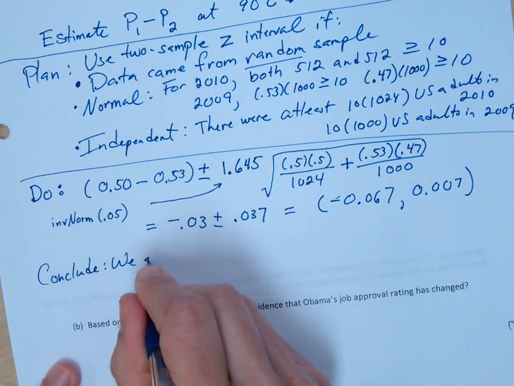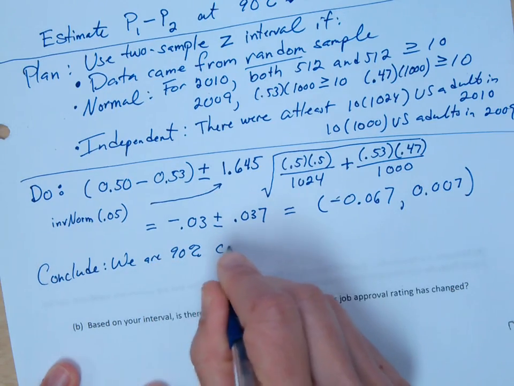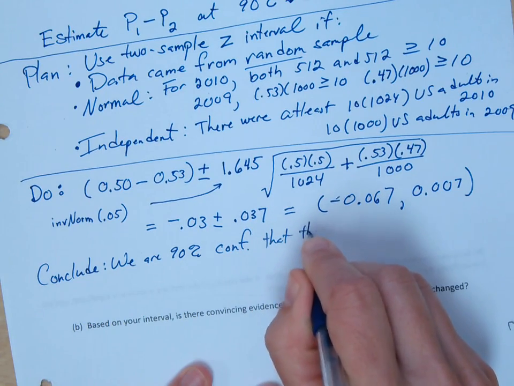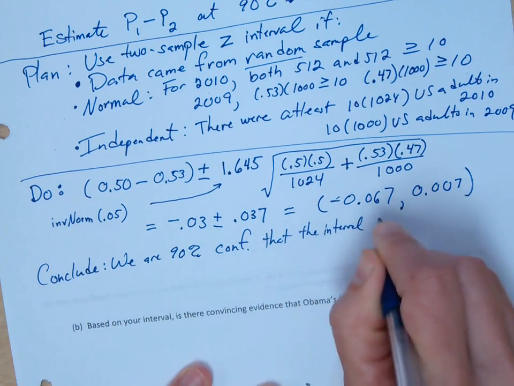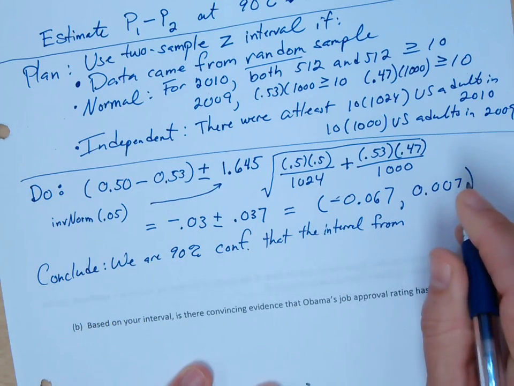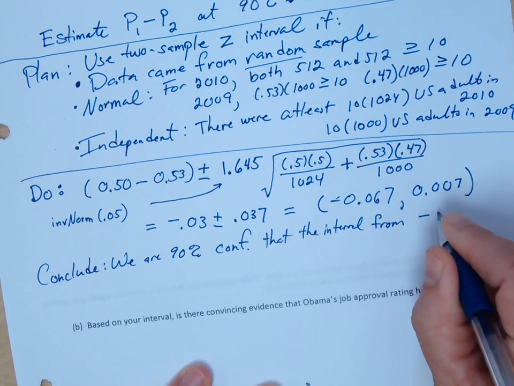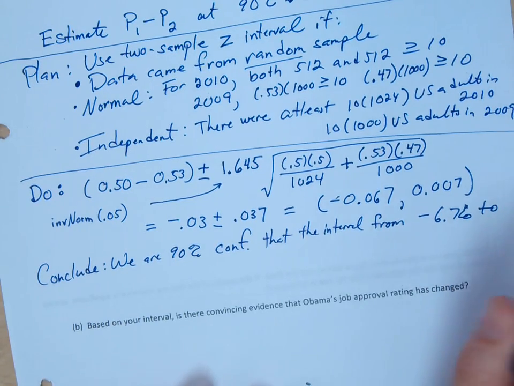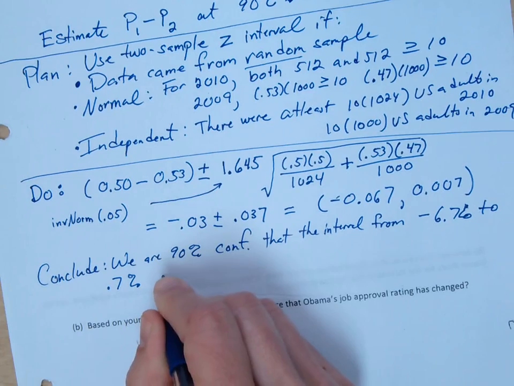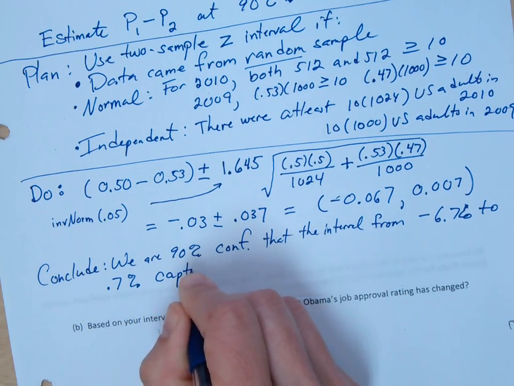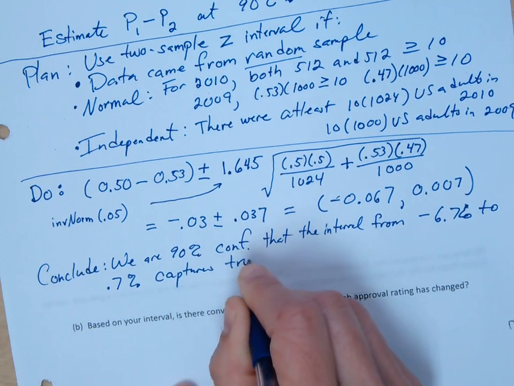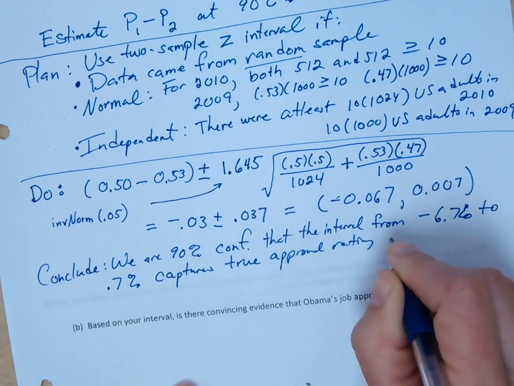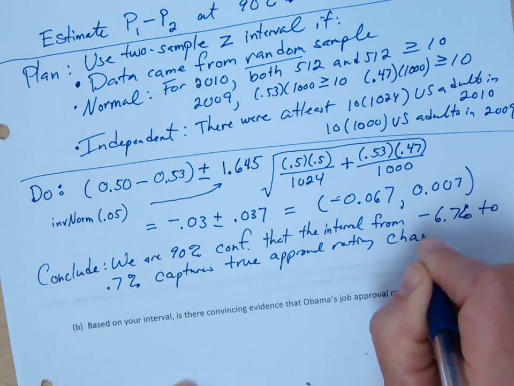So we would say we are 90% confident that the interval from, I'm going to write it in percents, negative 6.7% to 0.7% captures the true approval rating change.